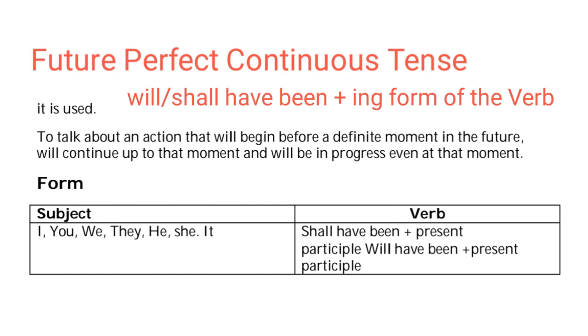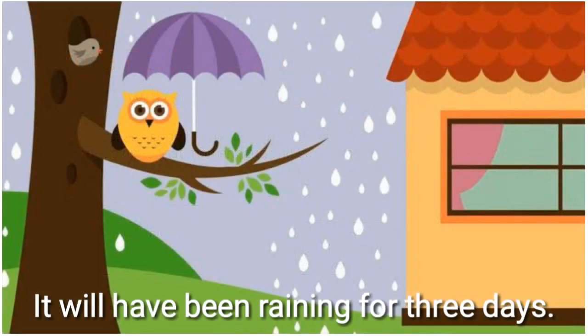So an action that will begin in the future, will continue, then will progress in a future time. Look at this example. It will have been raining for 3 days. In this sentence, the action of raining will begin in the future, will continue in the future, and will be in progress in a future time.